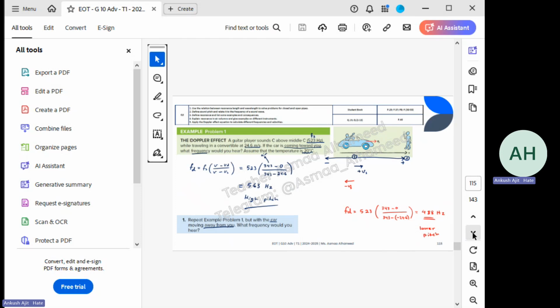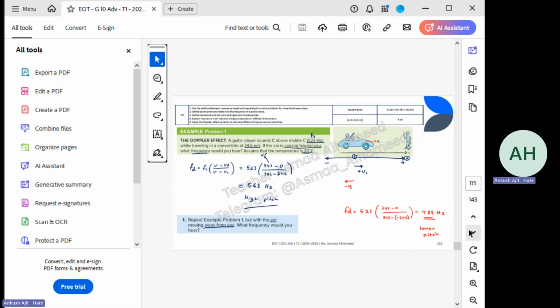But the car moving away: if the source is moving away, you will take it minus. If the source is coming towards you, it will be plus. If the car is going away, then it will be minus. So here your 24.6 becomes minus.